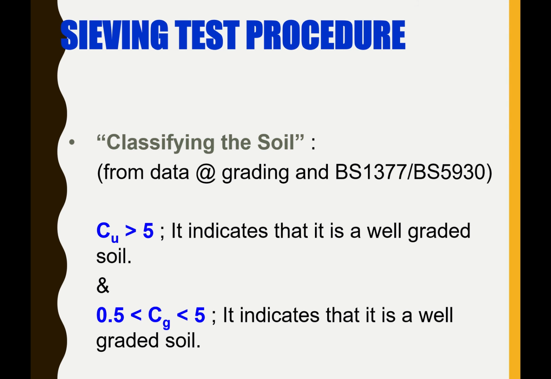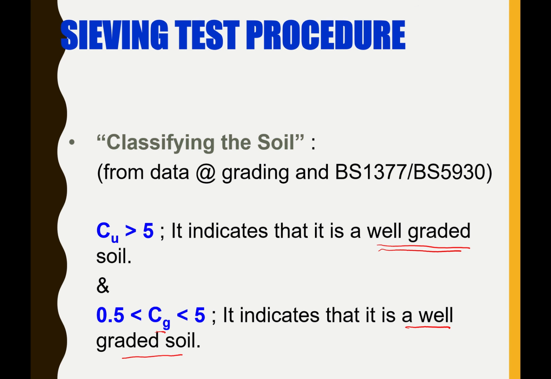If you get Cu more than 5, it indicates a well-graded soil, so we can use the term well-graded in naming the soil. And if we get a Cg in the range of 0.5 to 5, it also indicates well-graded soil.